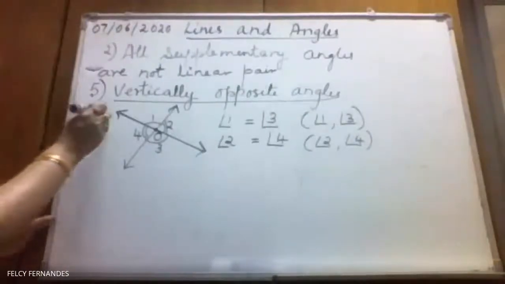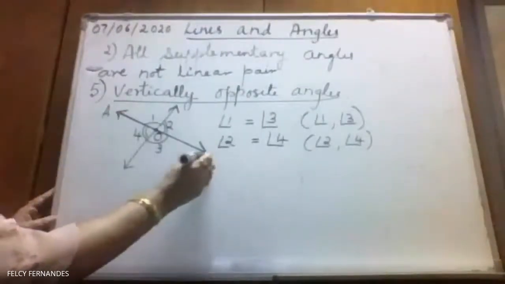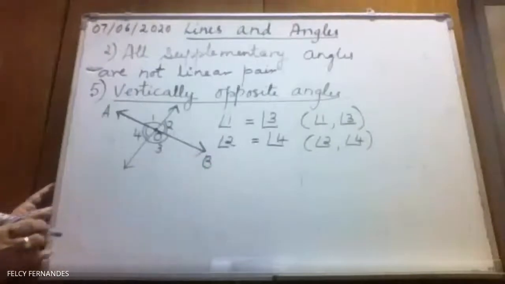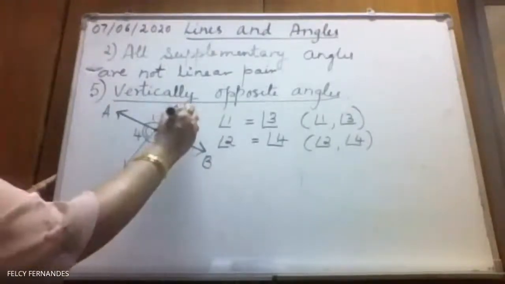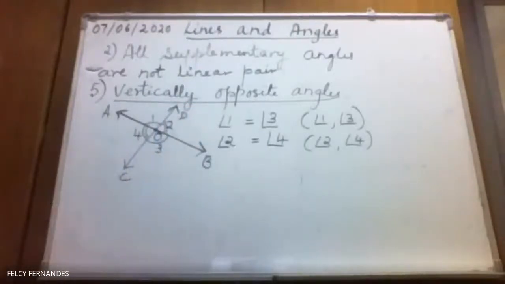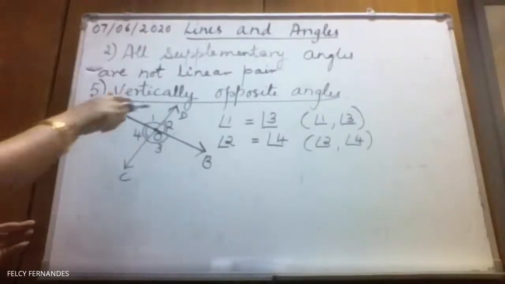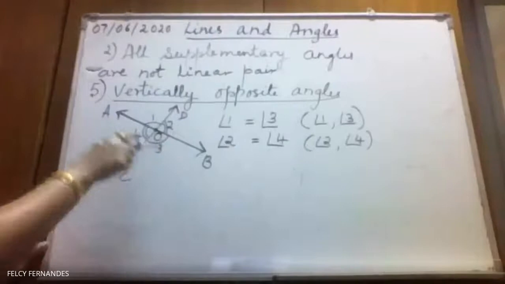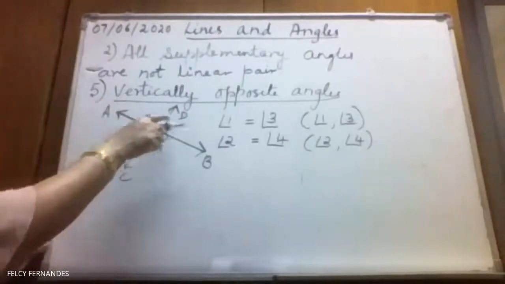If I name this, because in exam you will be asked to name this with the alphabets. If I name these lines as AB and CD, now which are my equal measures in this? My equal measures 1 and 3 can be named as AOD.